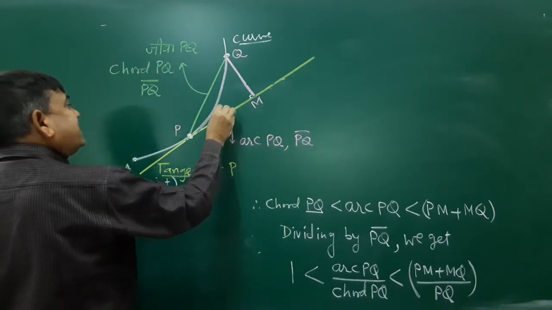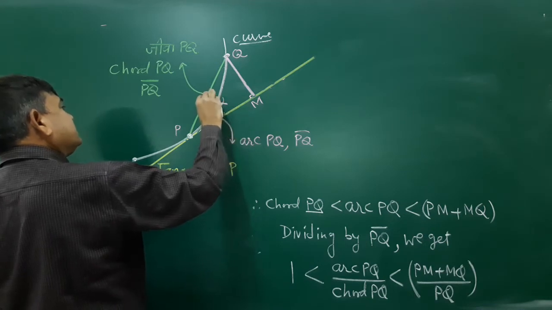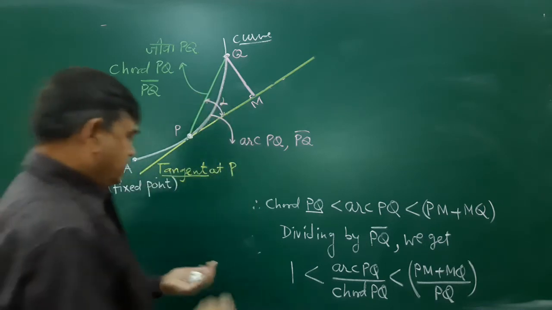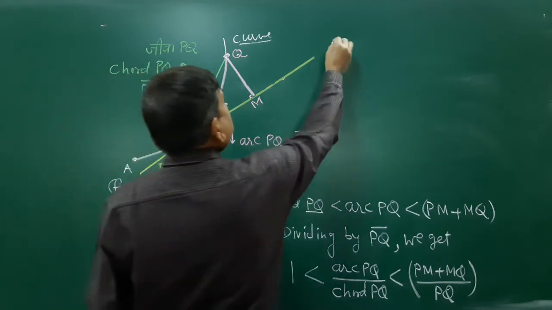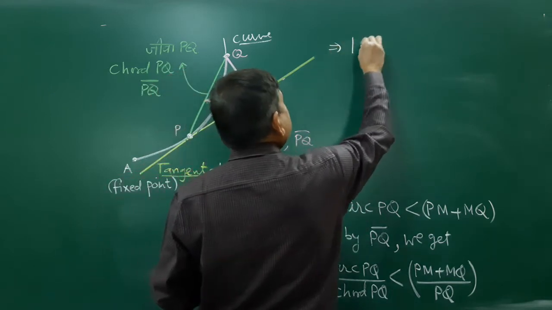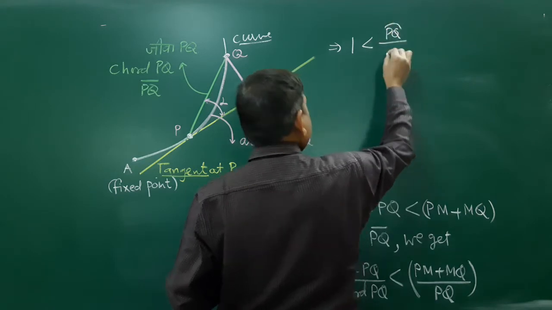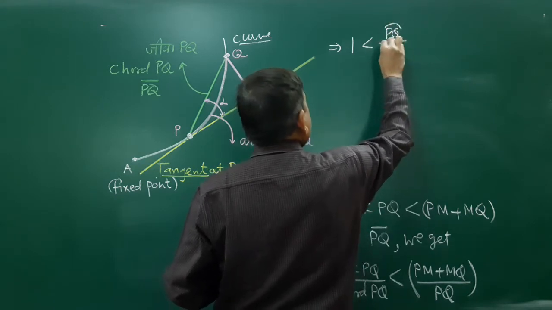Suppose this angle is alpha, for example. Okay, so let us see. This is 1 is less than arc PQ upon chord PQ.